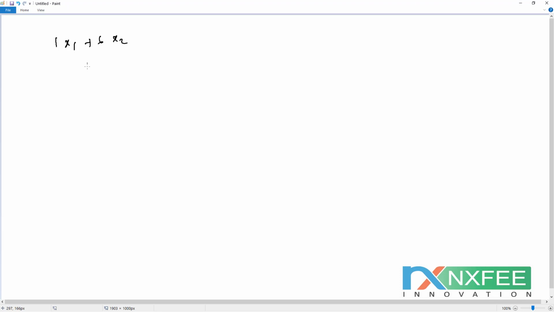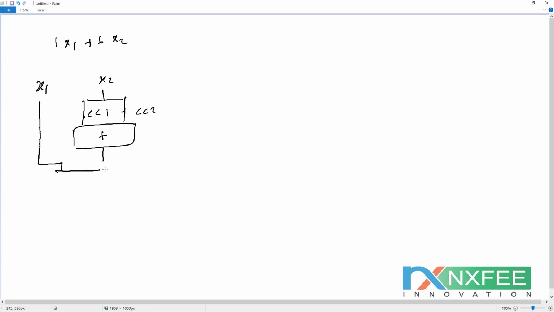For x2, we give shifting by 1 and shifting by 2, and we need to add these, and again x1. So here 1 dot x1 plus 6 dot x2. So this is the form.